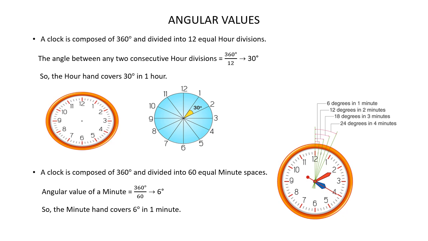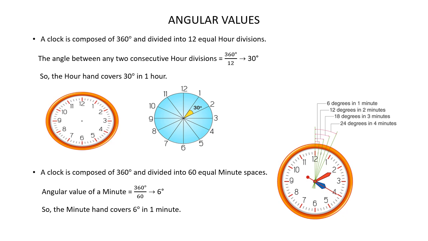So 1 minute space would be equal to 360 degrees divided by 60, which is 6 degrees. This means the minute hand covers 6 degrees in 1 minute. It means the minute hand covers 12 degrees in 2 minutes, 18 degrees in 3 minutes, 24 degrees in 4 minutes, and so on.